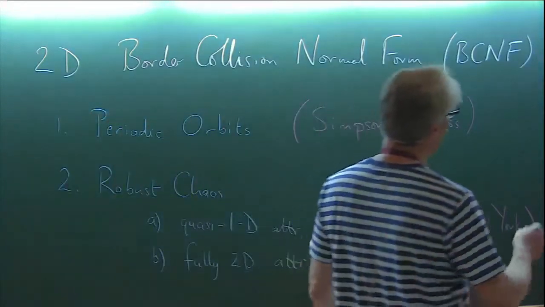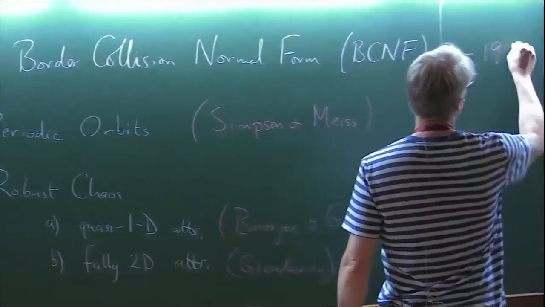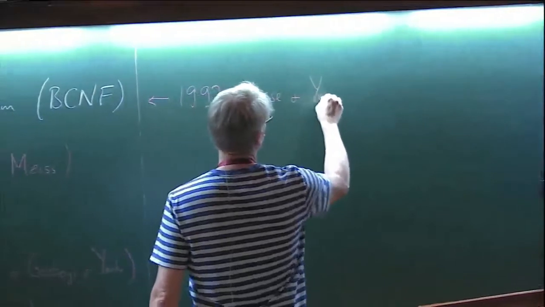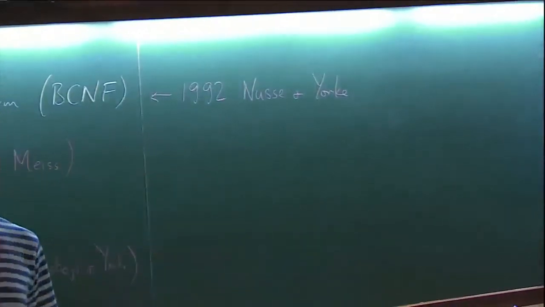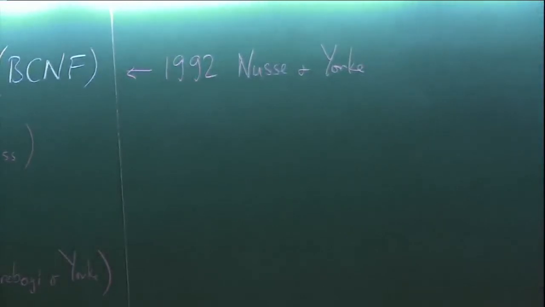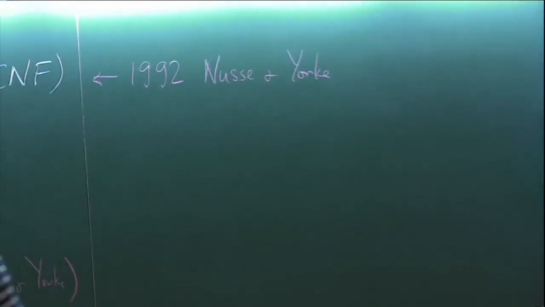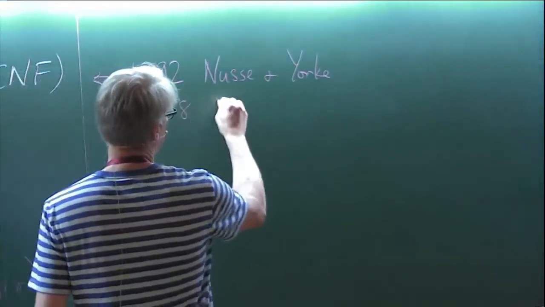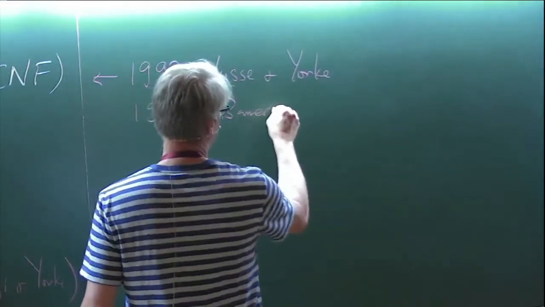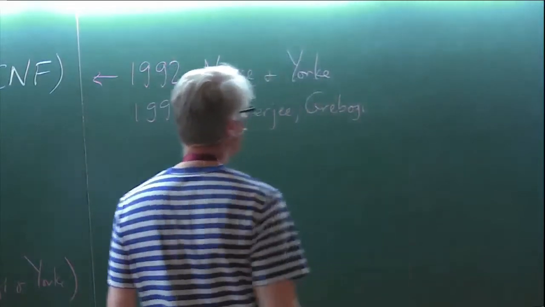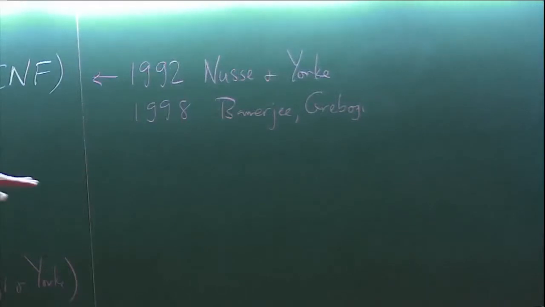So although in the context that we've been talking about things, this was around 1992, a paper by Nusse and Yorke, that really developed the idea systematically, and that was followed up 1998, Banerjee, Gambaudo, who really explained it in terms of why you'd be interested in it in a very clear way, linking it to applications.